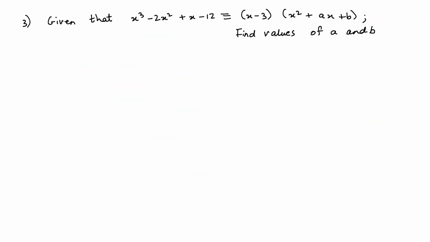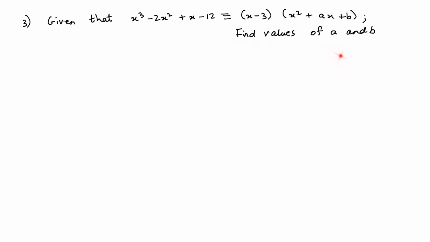Okay? Question number 3. Given that x cubed minus 2x squared plus x minus 12 is equal to x minus 3 bracket x squared plus ax plus b. Find values of a and b. This can either be solved by long division or by expanding the bracket.